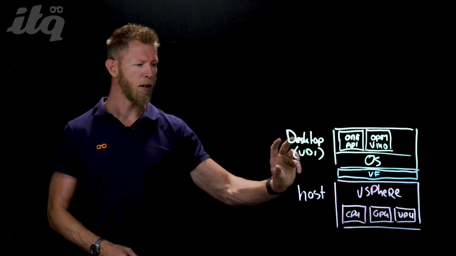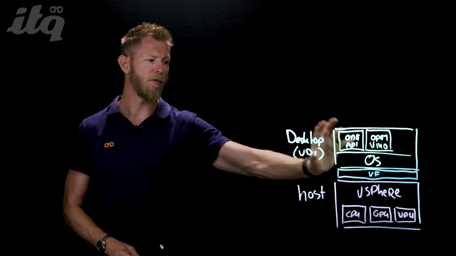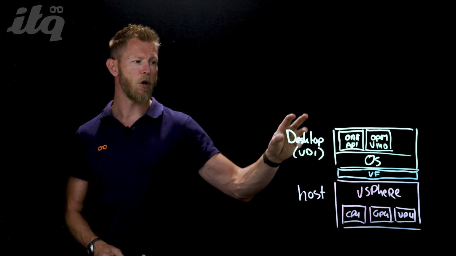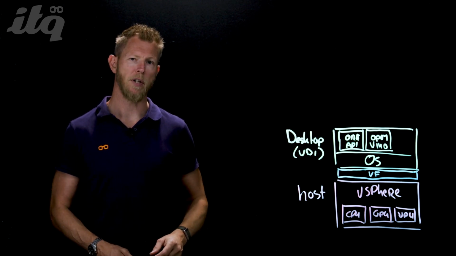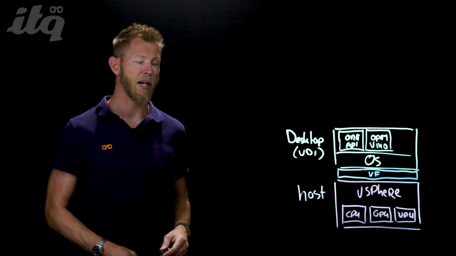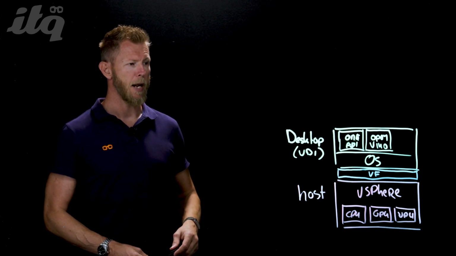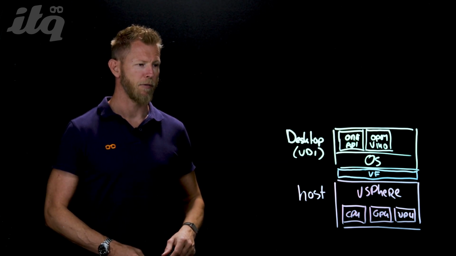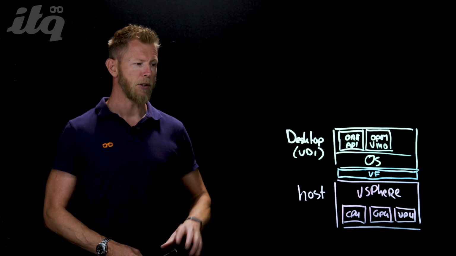Doesn't really matter, but the whole idea of the drawing and of this video is that I would like to show how OneAPI and OpenVINO are capable of utilizing those different types of hardware accelerators from a developer perspective. So this is the starting point.